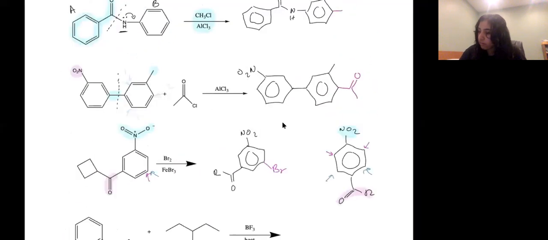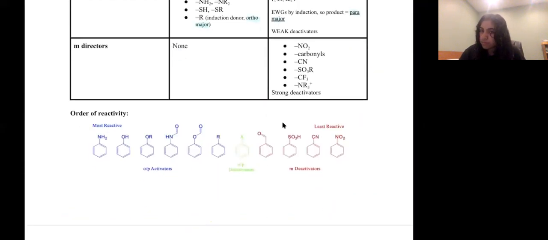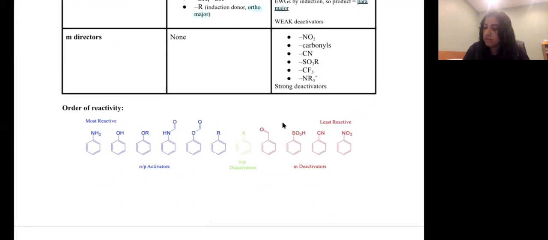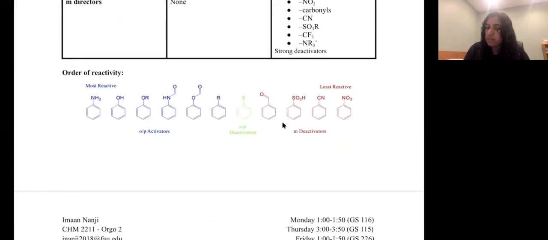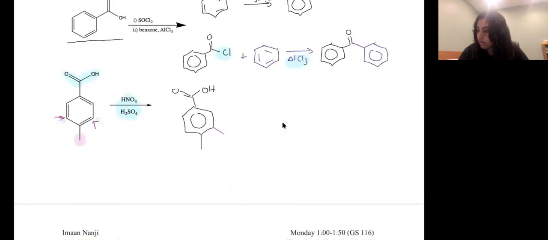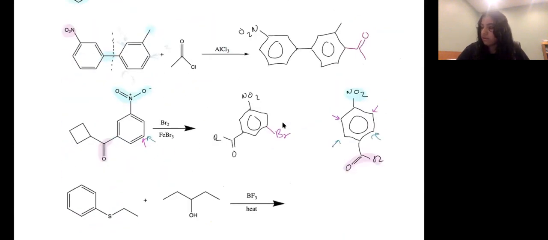You scroll up to the chart over here, and it gives you the order of reactivity from most to least. So we're comparing the nitro and the ketone. The nitro is all the way down here at least reactive, and then the ketone is up here. It's still pretty bad, but more reactive than the nitro. Because it's further left on the chart, it's more reactive. We know that the ketone has priority, so the carbons that the ketone directs to are going to be the major product.